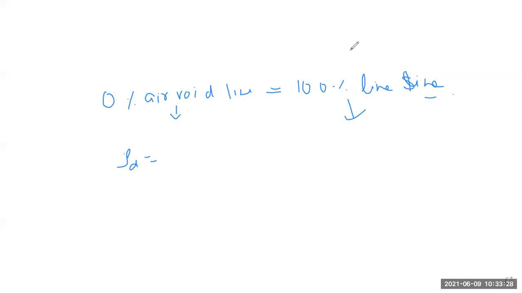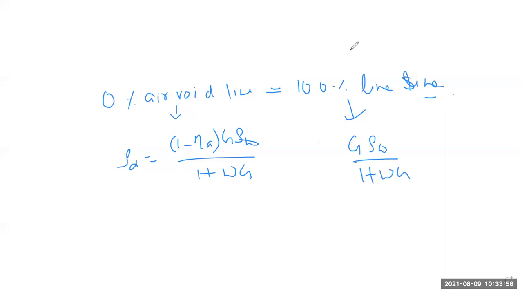So for the 0% air void line, we can write rho D equal to 1 minus Na, where Na represents percentage air, into G rho W by 1 plus Wg. And for the 100% saturation line, we have the formula G rho W by 1 plus Wg.